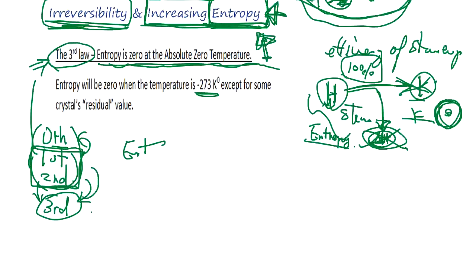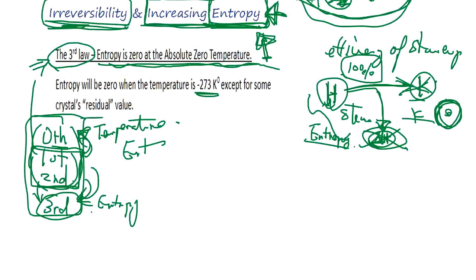So the third one is added for entropy, and the zeroth one is added to make the definition of temperature more precise. And having four of them makes it look like a nice science. Okay?